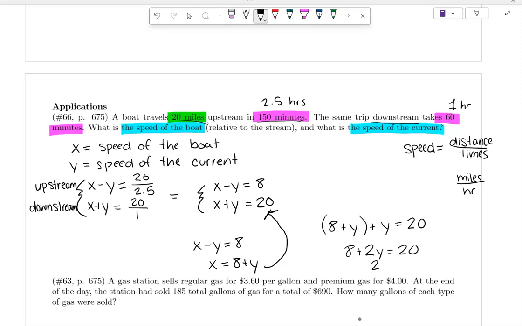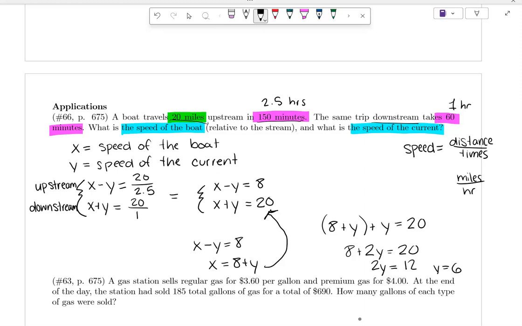I'm running out of room. Then we get 2y equals, subtract the 8, you get 12. And then y equals 6. So then we know that 6 is the speed of the current, 6 miles per hour.